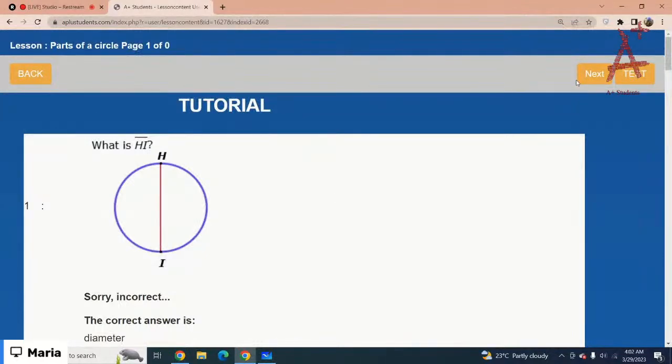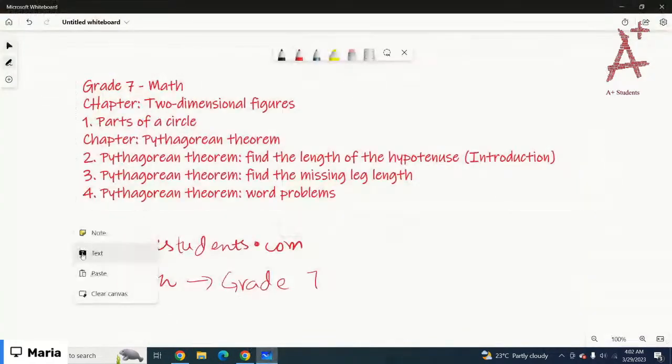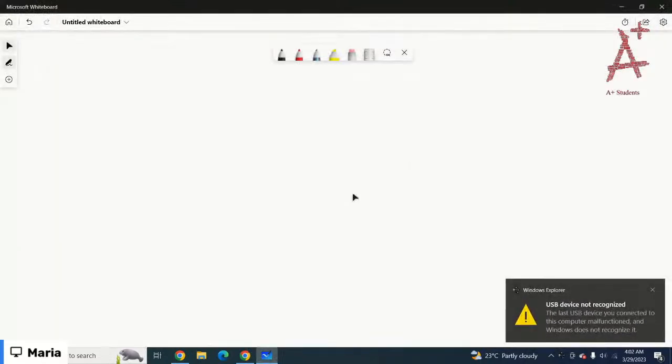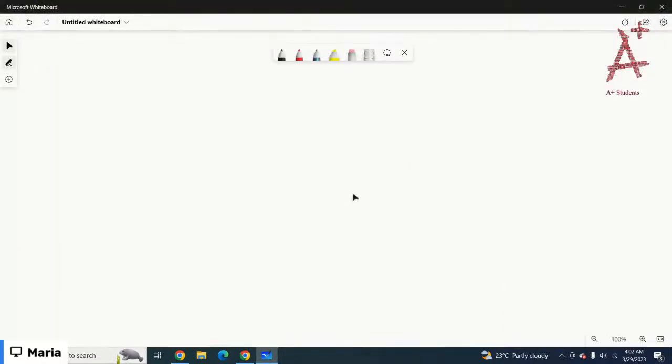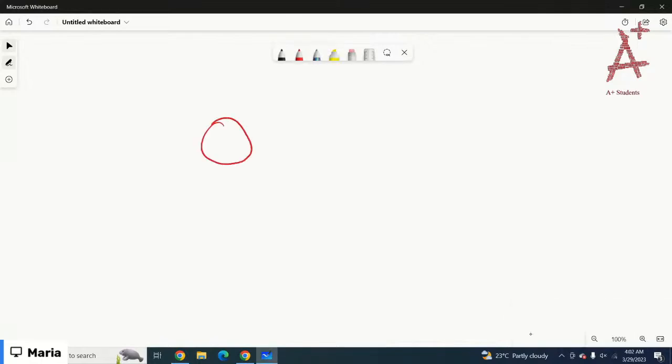Let me explain the important things related to the circle. So here is the circle.